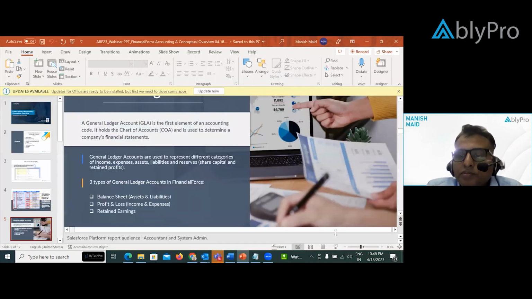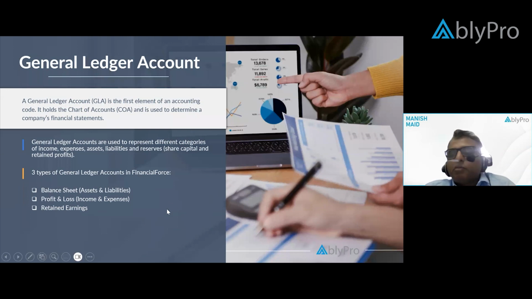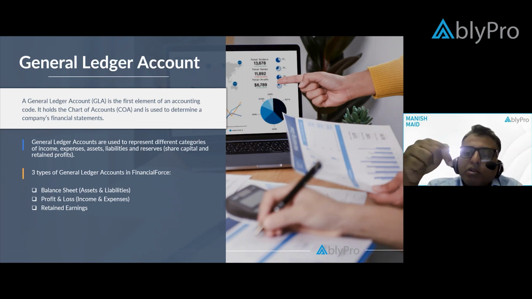So when we are creating the general ledger account, one by one we can select the drop down and select the actual location where that particular general ledger account will belong. That is very important for creating your accounting reports, because the system will definitely put the values into those particular locations. When you generate the reports, if the categorization is not done properly, you will not get your reporting correctly and accurately.